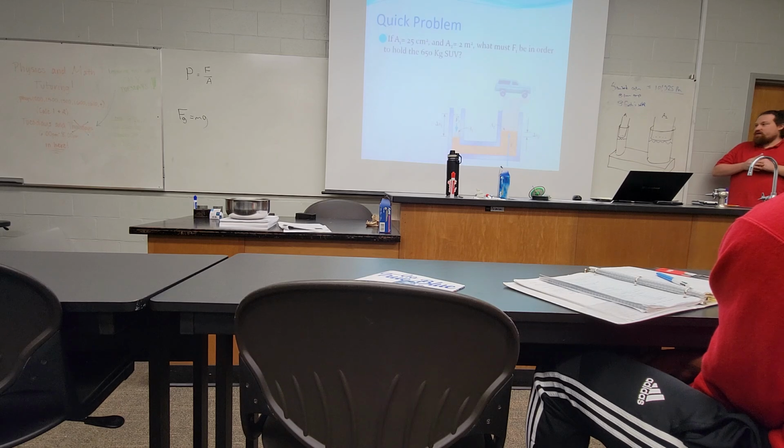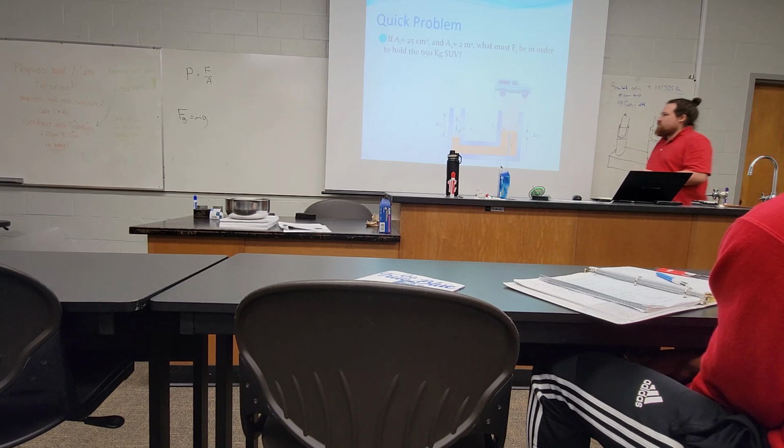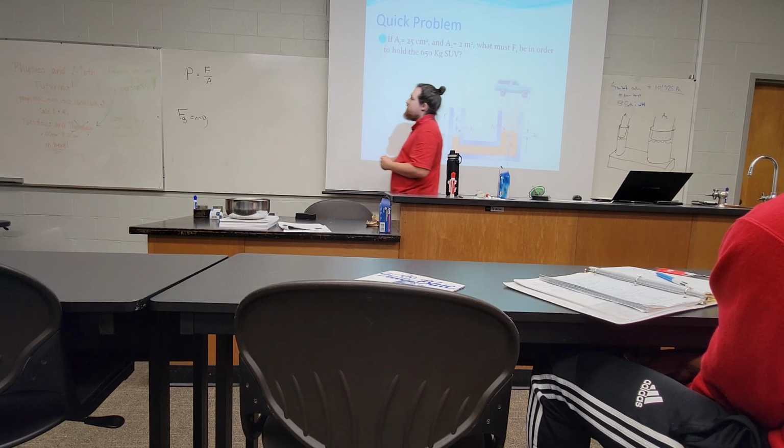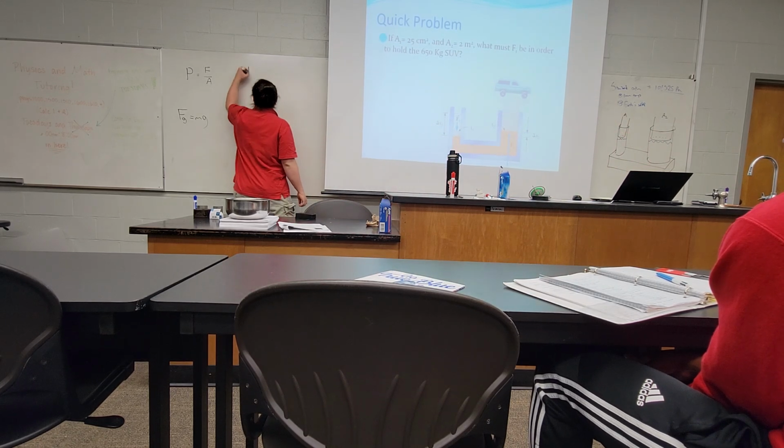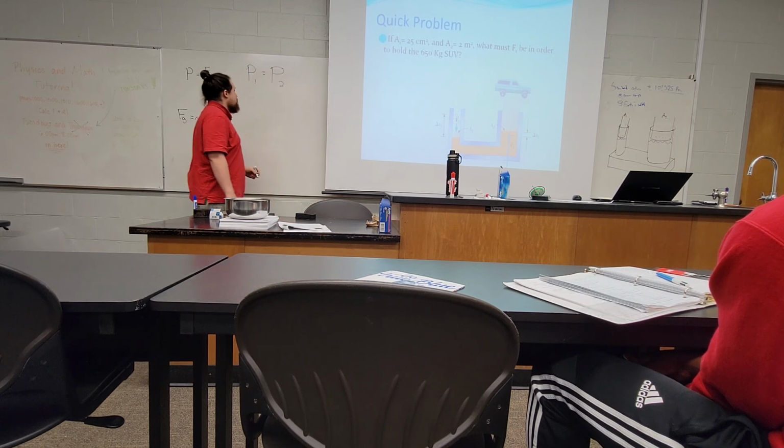And what's going to happen here is the liquid is going to exert the same pressure on either side of this system. However, because the two different sides have very different areas, you're going to get a different amount of force out of either side. It's the same liquid on both ends, so both sides have the same pressure.